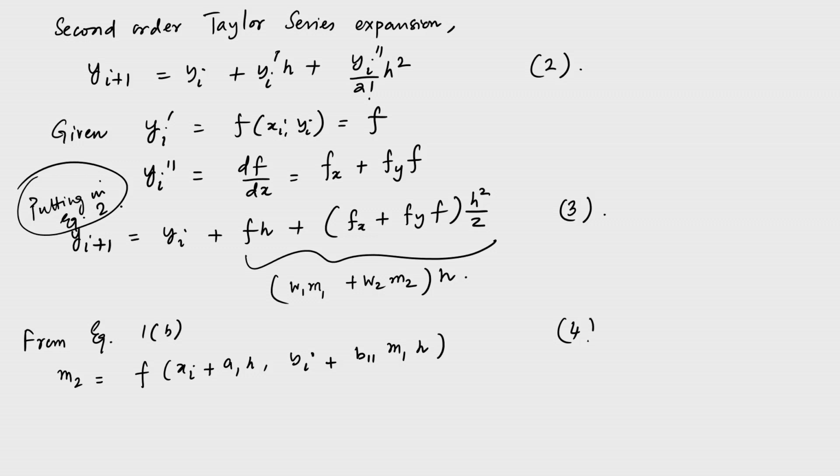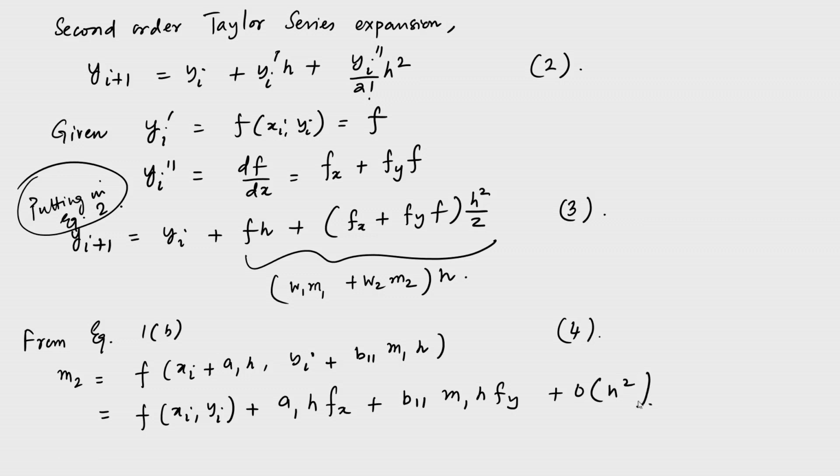Let us just call it 4. If I expand this M2 about x I, y I, doing a Taylor series expansion, I will get f of x I, y I, that is the first term, and then A1 h times del f del x, which we write as f x, plus B11 M1 h f y, plus order h square. Okay. So, I do a Taylor series expansion.